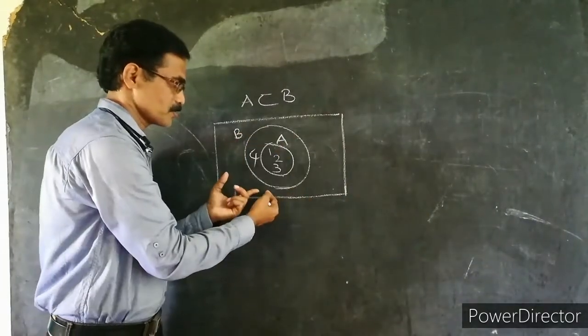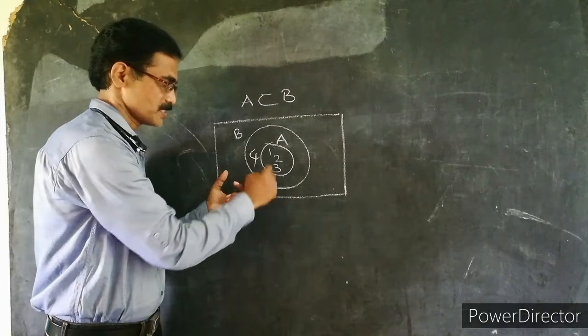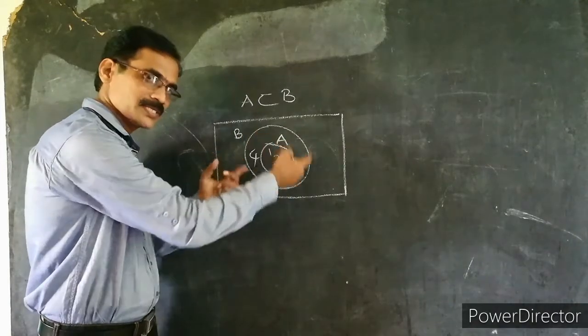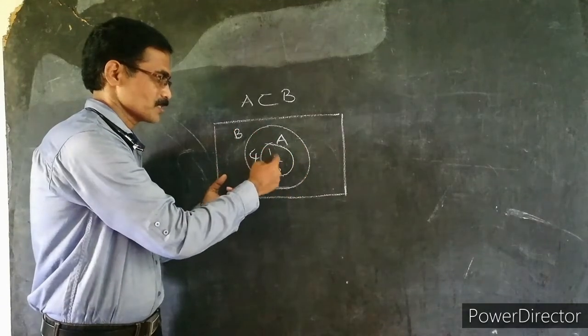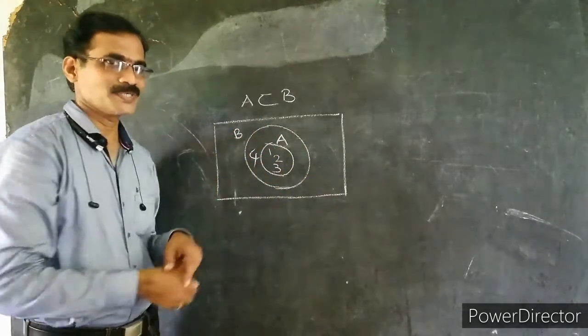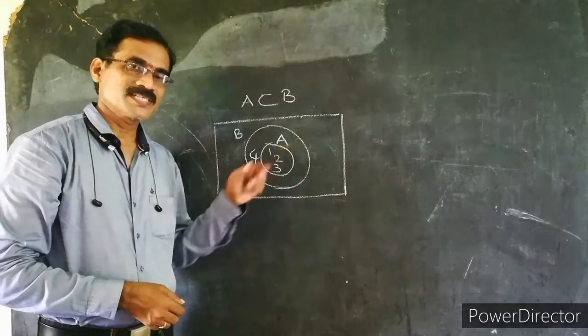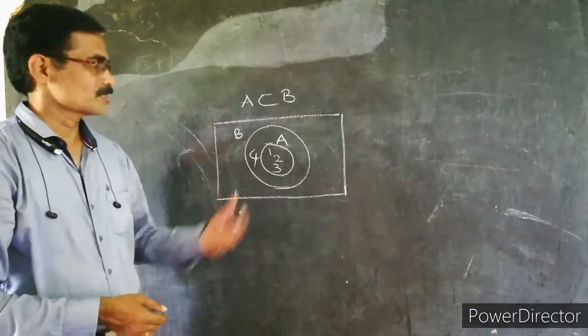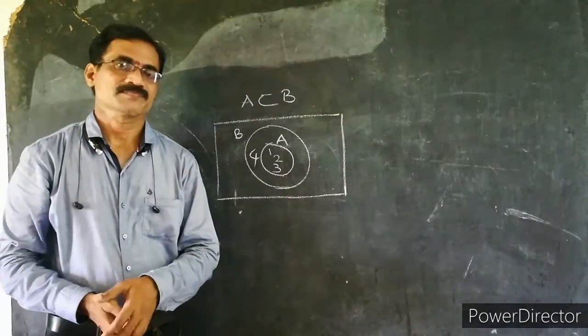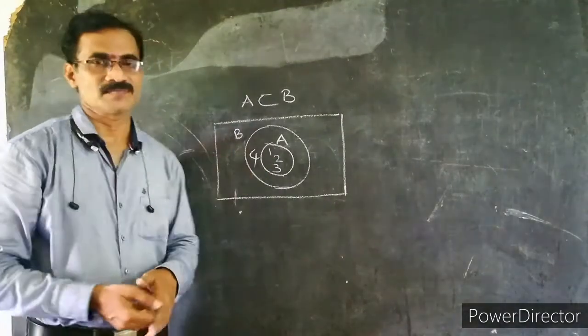Set B here total representation means all the elements will come in set B. So what are the elements in set B? Count 1, 2, 3, 4. These are the elements in set B. And what are the elements in set A? 1, 2, 3. So in this way you have to represent the subset by using Venn diagrams.